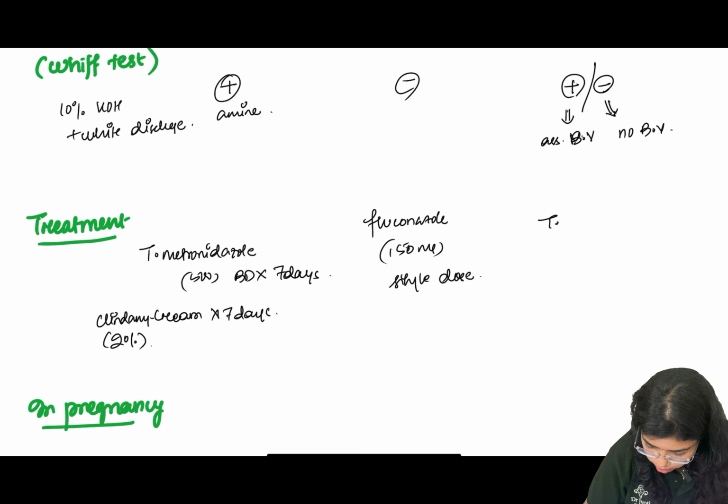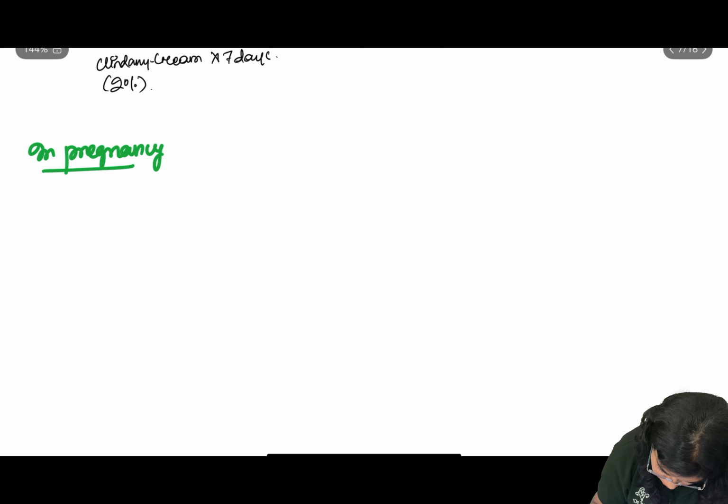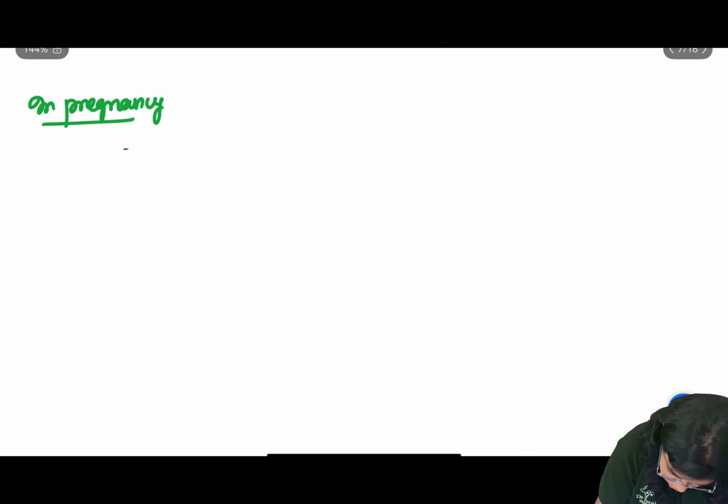For trichomoniasis we also give metronidazole 2 gram single dose, or 500 BD for 7 days. In pregnancy, can we give metronidazole? Yes, tablet metronidazole, but 250 milligram TDS for 7 days.